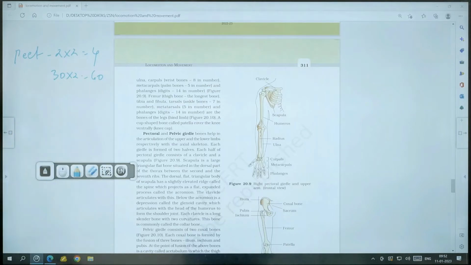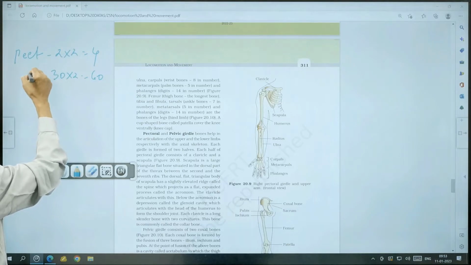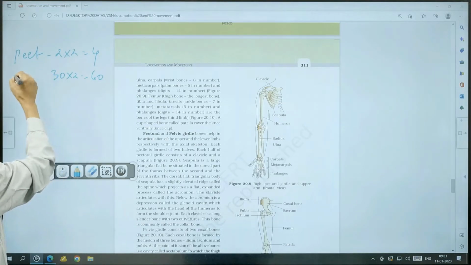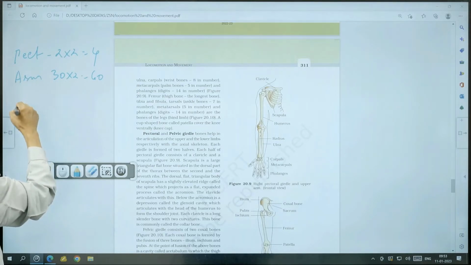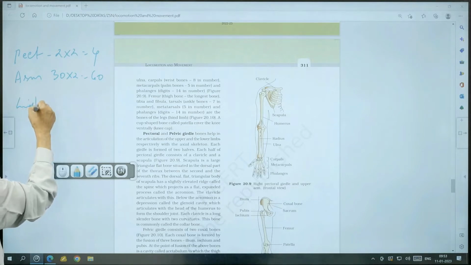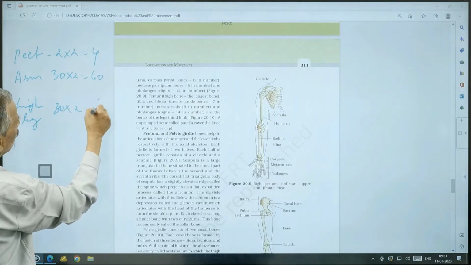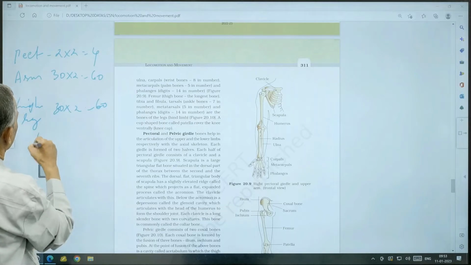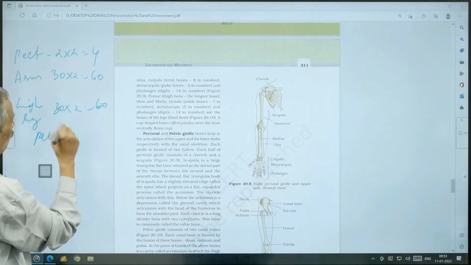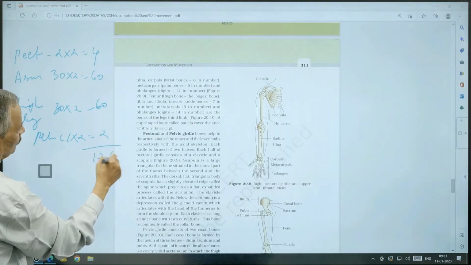Similarly, in the hind limb, the leg, you also have 30, so 30 into 2, 60. And in the pelvic girdle, we have only one bone on either side, so 2. So 126 bones.